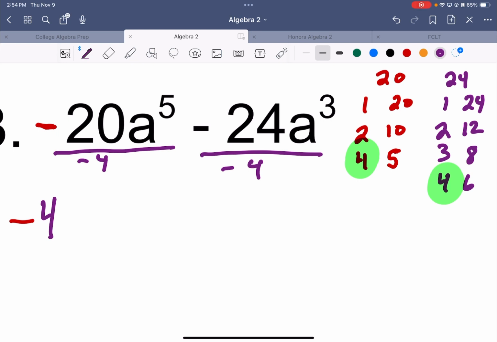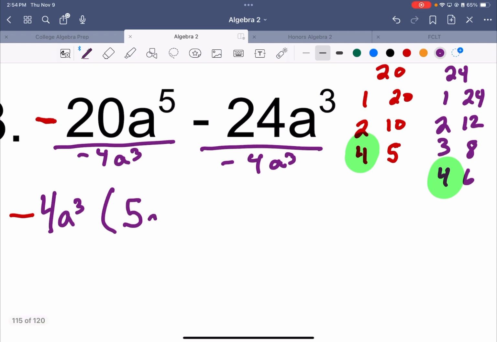Negative 20a to the 5th has 5 a's. This has 3 a's. How many do they have in common? 3. So we're going to take out a to the 3rd. A to the 3rd, a to the 3rd. Okay. So negative 20 divided by negative 4 is 5. A to the 5th divided by a cubed. How many do I have left? 2. 5 minus 3 is 2. There's 2 left.